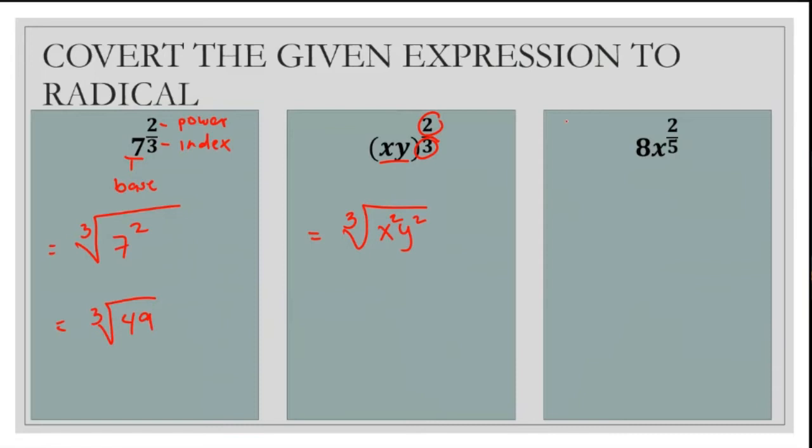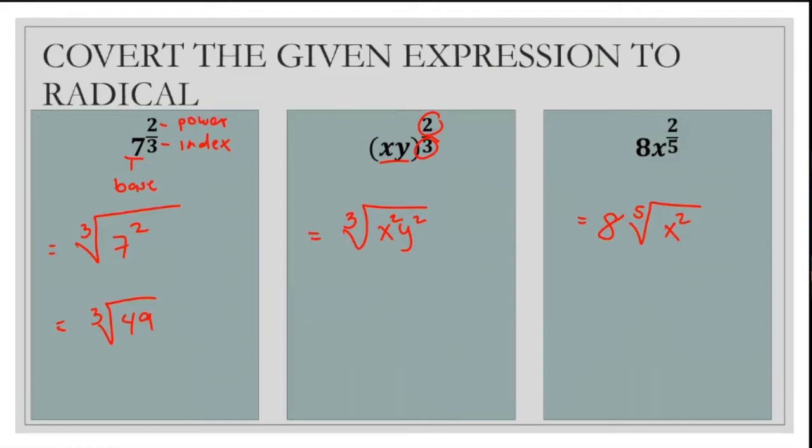Continuing our examples, we have 8x raised to 2/5. In this case, 8 is not raised to 2/5. Therefore, you will just have 8 outside the radical, and 5 will be the index. You place 5 in the radical sign, and you will have x raised to 2 inside the radical.